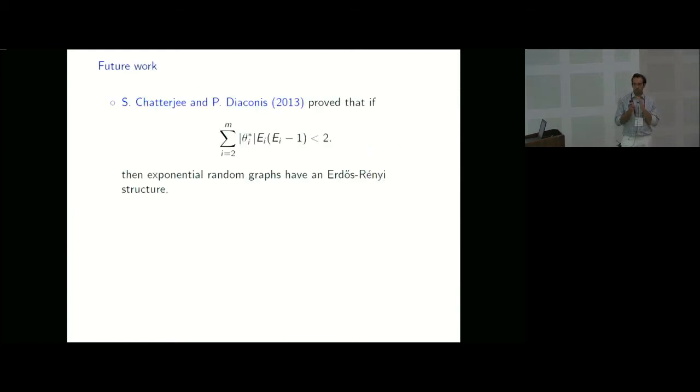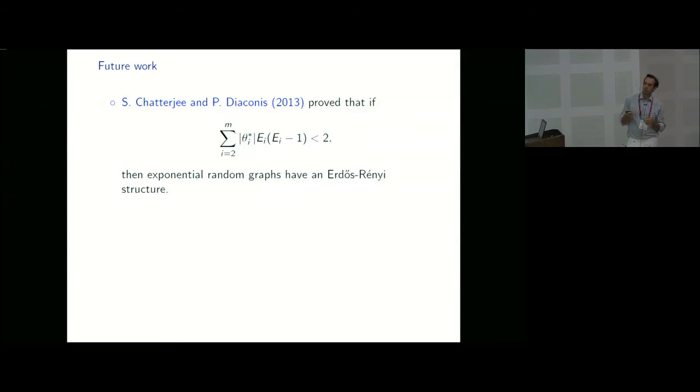But there is also, in this paper, Chatterjee and Diaconis, they also managed to identify a region, as I have mentioned until now, when this triangle parameter θ2 is non-negative, then things are a little bit easier to deal with, while when θ2 is negative, then things get a little bit harder to find the structure of the canonical ensemble, of the graphs drawn from the canonical ensemble.